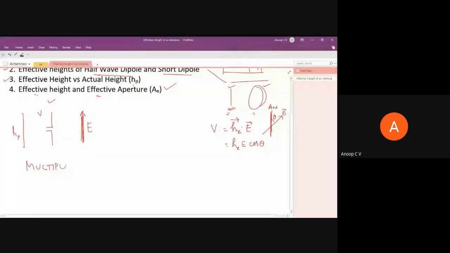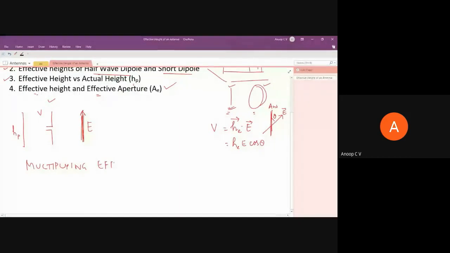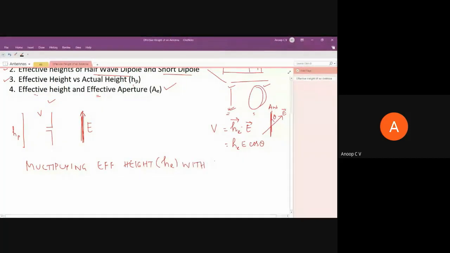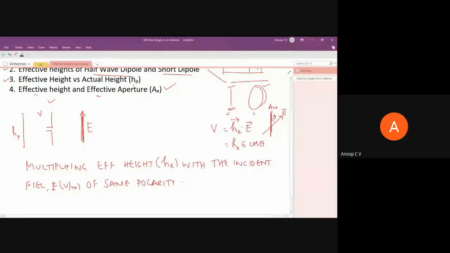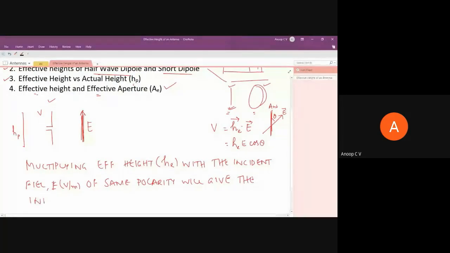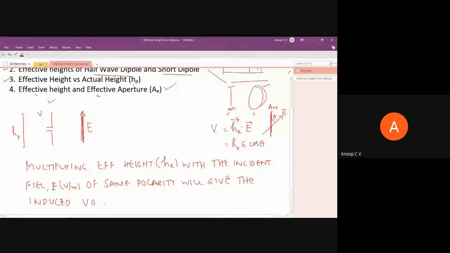I didn't tell you what effective height is. Multiplying the effective height HE with the incident field E, whose unit will be volt per meter, of the same polarity, will give us the induced voltage.